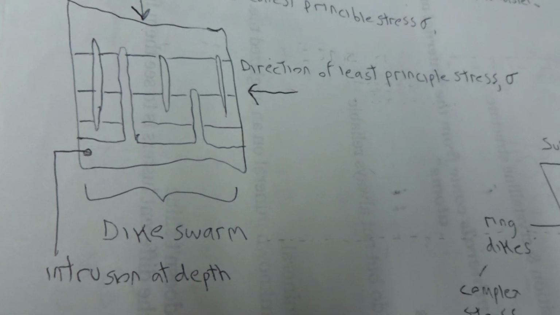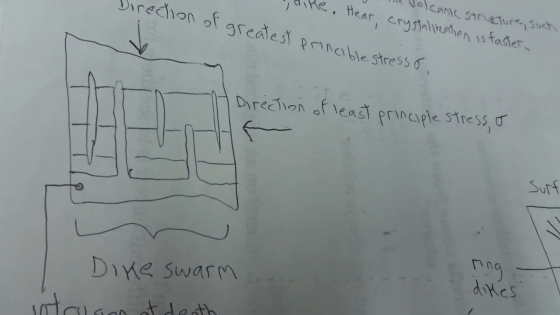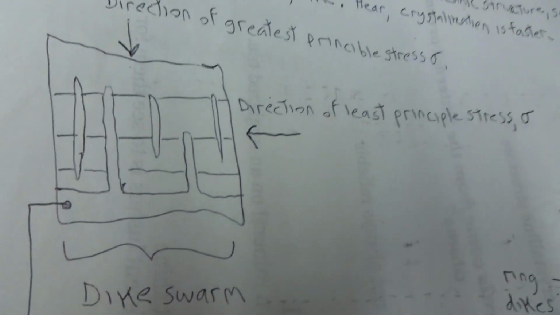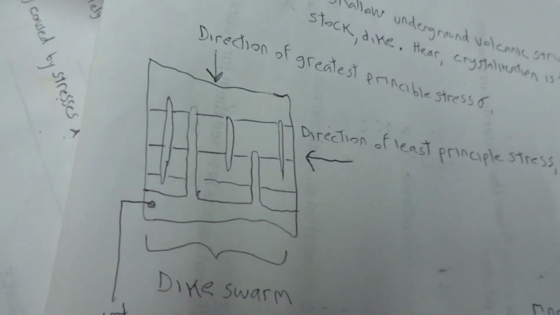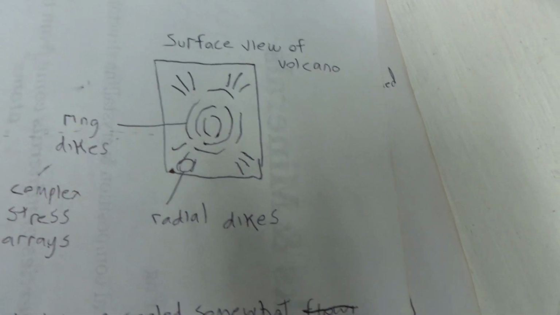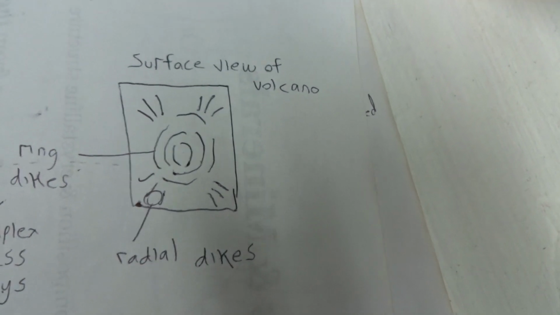The direction of least principal stress is to the sides. And we get a dike swarm with intrusion at depth forming. Notice the dike swarm is vertical. The dike swarm on top, or looking down on a volcano, forms radial dikes or ring dikes, complex stress arrays.